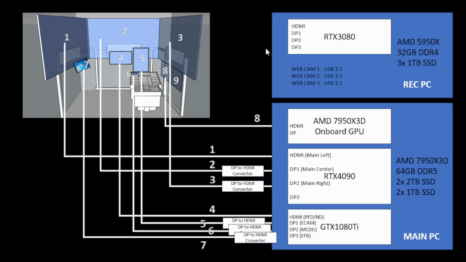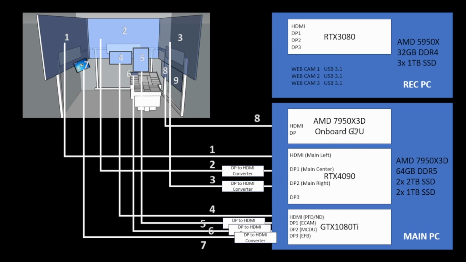So the motherboard usually provides onboard HDMI or DisplayPort, but in this case, for example, on the 5950X, although the motherboard already provides the HDMI connectors, I cannot use them because the CPU doesn't have any onboard GPU.